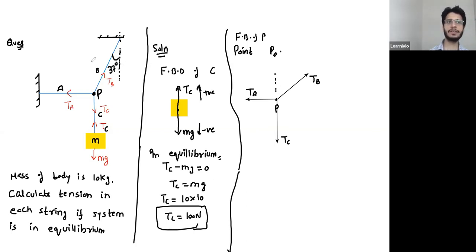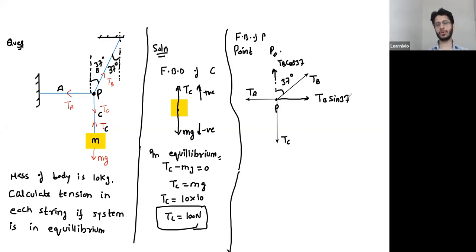If this angle is 37 degrees and I take a normal here, then this is again 37 degrees, since they are alternate angles. TA is acting along the x-axis, TC is acting along the y-axis, but TB is not acting along any axis, so it's better to resolve TB. The angle is given with respect to the y-axis, so along the y-axis the component is TB cos 37, and along the x-axis the component is TB sin 37.